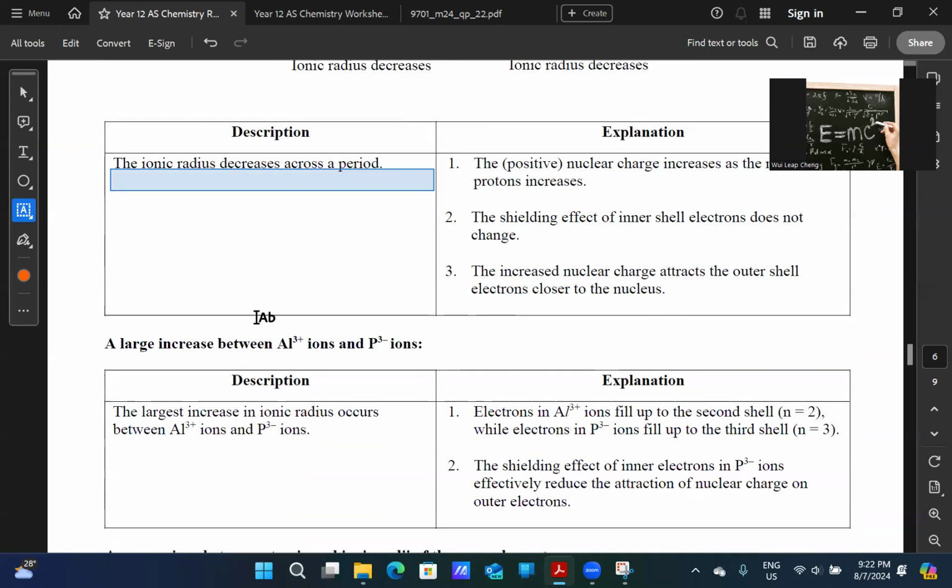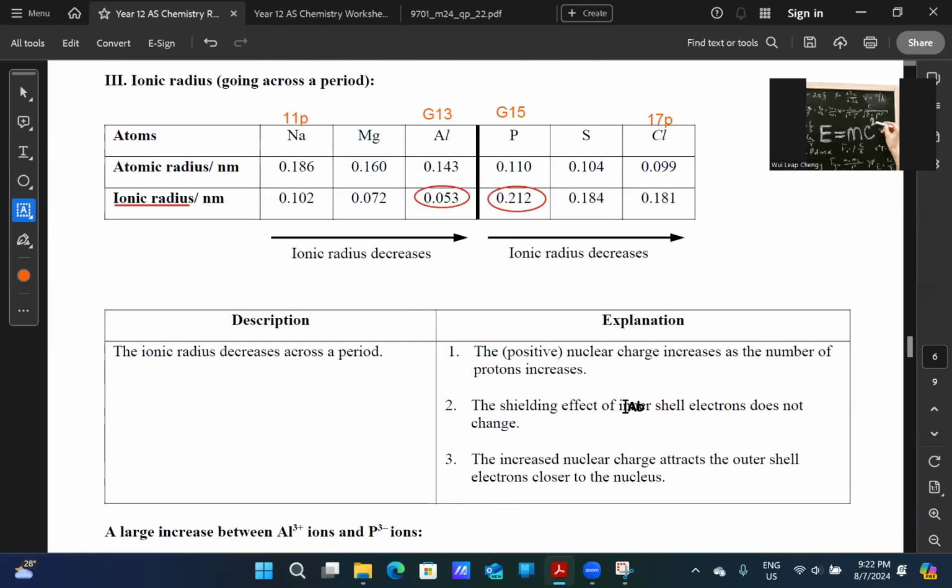Now, why is there a big jump between aluminum ion and phosphide ion? The reason is, let's write down the electronic configuration of the aluminum ion. What is the electronic configuration? It will be 2, 8. The first shell has 2 electrons, the second shell has 8 electrons.